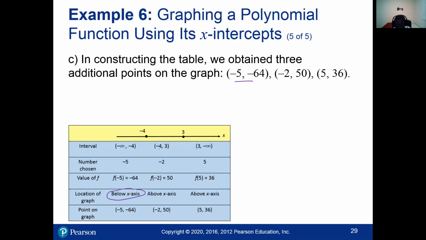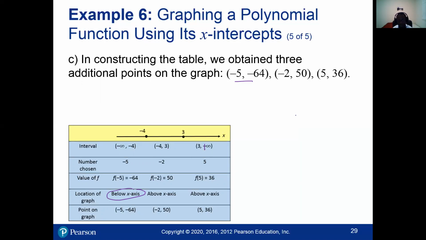The interval -4 to 3 is above the x-axis. And the interval 3 to +infinity, this is +infinity, not negative, it is above the x-axis.